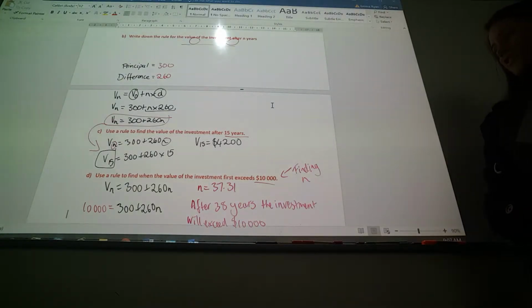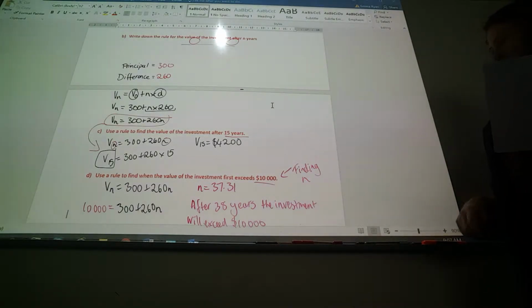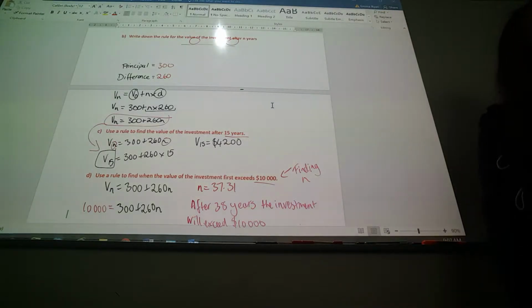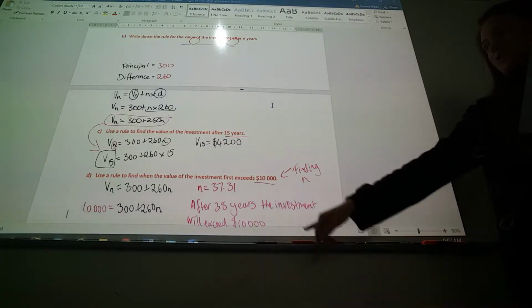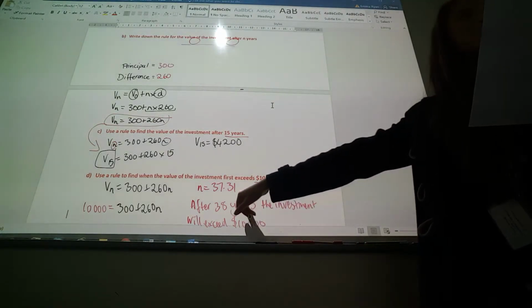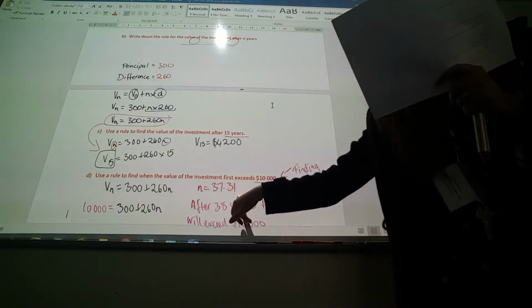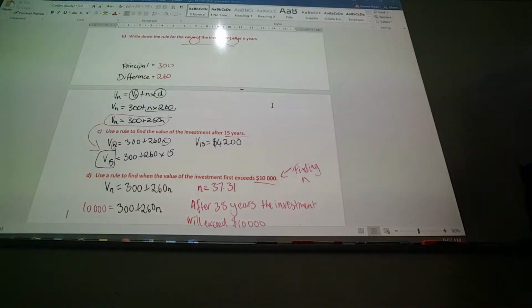So I've just got there, after 38 years, the investment will exceed $10,000. Any questions? Do we all understand why we've rounded this up? Yep. What if it is 37.001? You round it up.